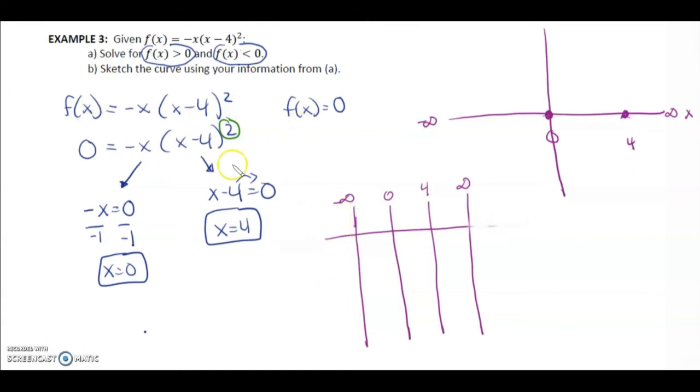Okay, down the side, I'm going to point out two things going on here. So we have -x as one factor. You can either do this as a -1 and an x, but you have to consider everything from the original equation. So we can leave it as -x, that's fine. Then we have x minus 4 squared.